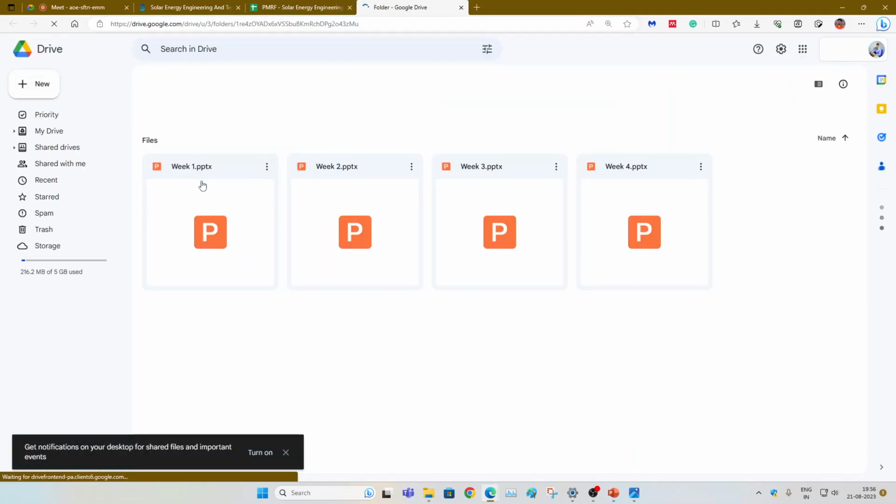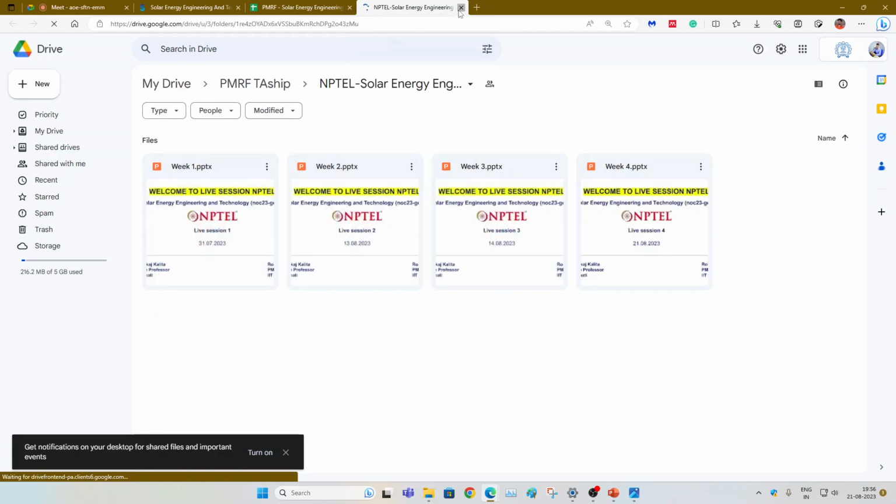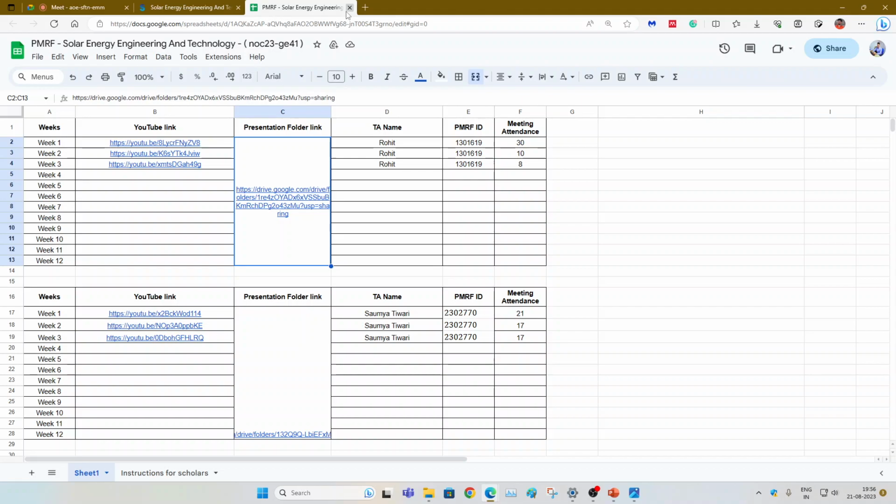Apart from that, the slides which we discuss are uploaded here also, week wise. So don't forget to see these slides. These are very important slides and they contain questions from the previous run of the assignments, and we solve these questions in front of you. We also discuss some concepts, because without concepts you won't be able to go deep into the question or understand it.